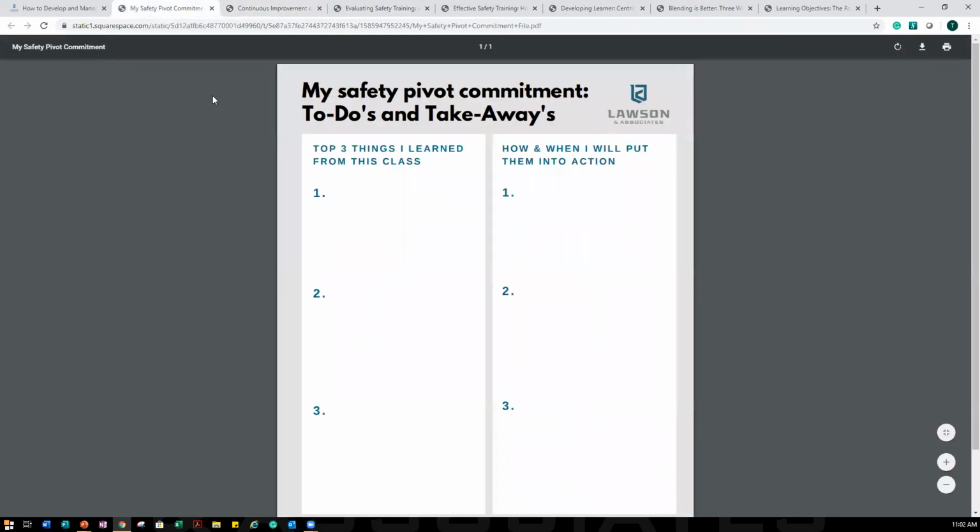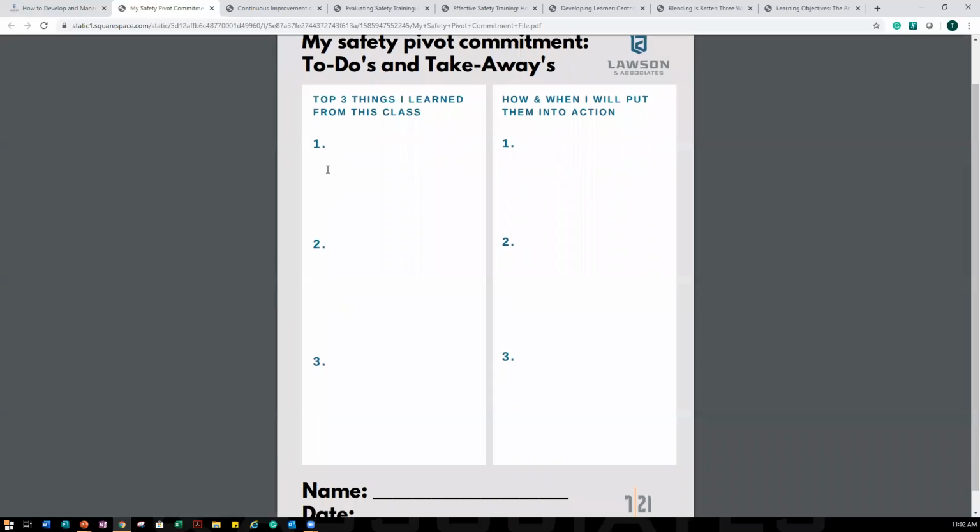And then on our website, you'll see this safety pivot. We do this at all of our classes. We hope that the point and objective behind today is to motivate and bring forth a call to action. What can we do different? What can we do better, right? Know better, do better. So I encourage you to print this out at least, or take some notes. Fill this out at the end of class for yourself, take a picture of it, email it to yourself.